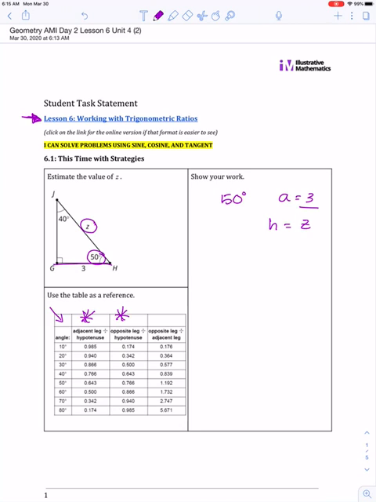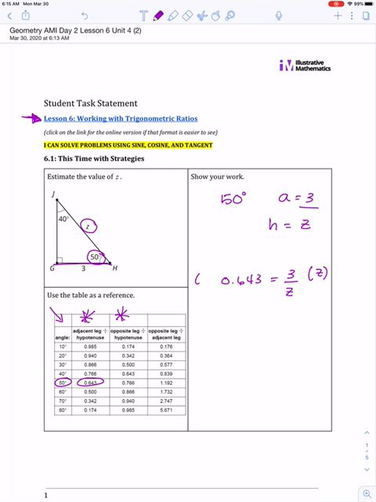And so if I go down here to 50 degrees, I know I want adjacent over hypotenuse. So I know that is this, and I'm going to set that equal to my ratio here, which is 3 over Z. And then I'm going to solve for Z. I'll just solve this out.